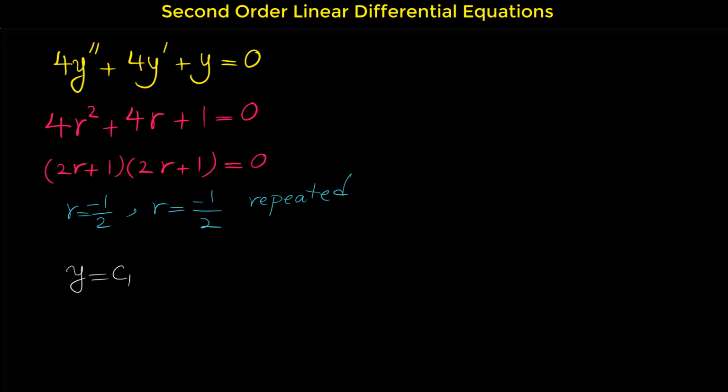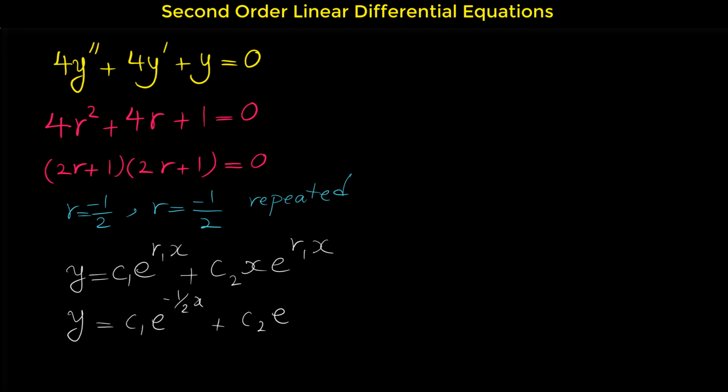If you remember, the formula was c sub 1 e to the r1 x, plus, because it's repeated, we don't have to write the same thing, we have to multiply by x here: c sub 2 x e to the r1 x. Because r is negative 1/2, the solution is y equals c sub 1 e to the negative 1/2 x plus c sub 2 x e to the negative 1/2 x.